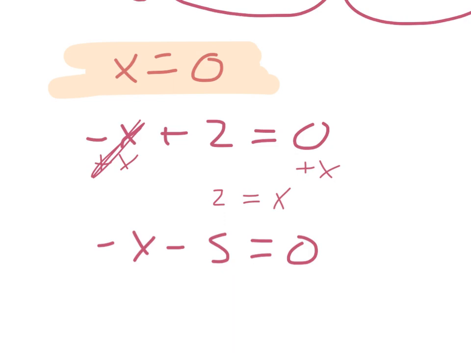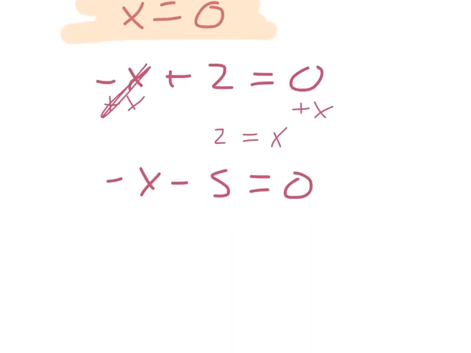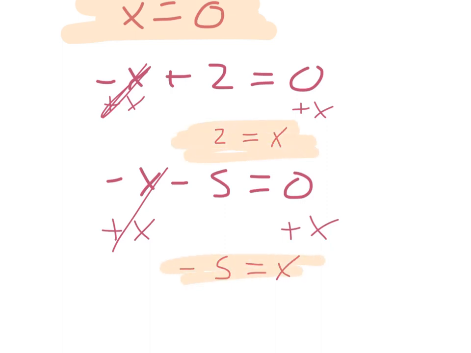But it also works if you subtract 2 and then divide by negative one. And what about the last one? What can we do for this equation? Same thing. We can add x to both sides. So we get negative 5 is equal to x. So our 3 zeros are 0, 2, and negative 5.